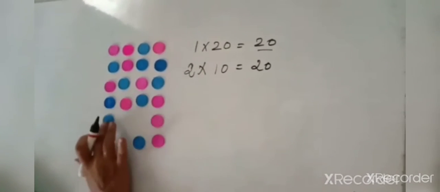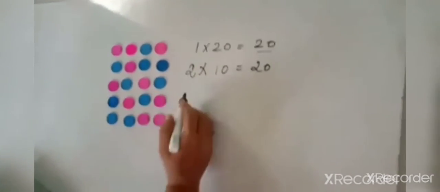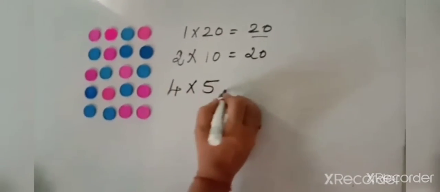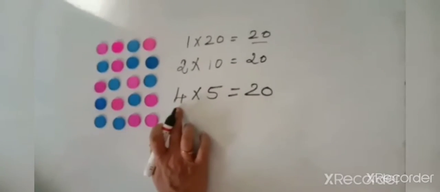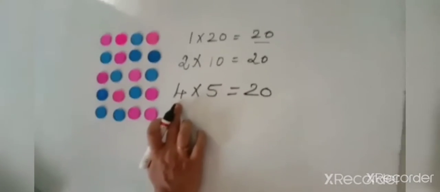in each row, total how many rows will I be getting? 1, 2, 3, 4, 5. So 4 coins in 5 rows will give 20. That means the number 20 is completely divisible by 4. So let us take all the possible combinations.